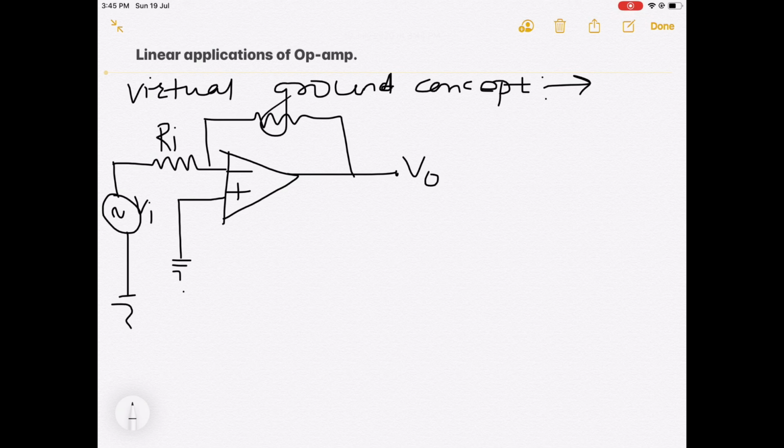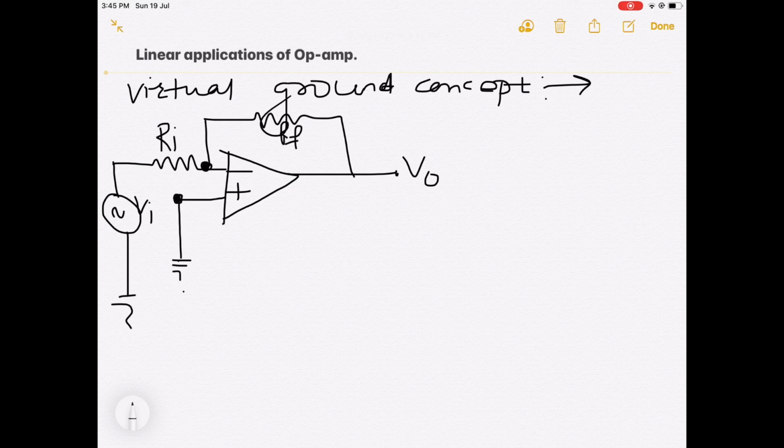This circuit is nothing but the inverting amplifier, because here input is applied to the inverting terminal of op-amp. So, here the non-inverting terminal is grounded, and this node at the inverting terminal connects to Ri as well as Rf.